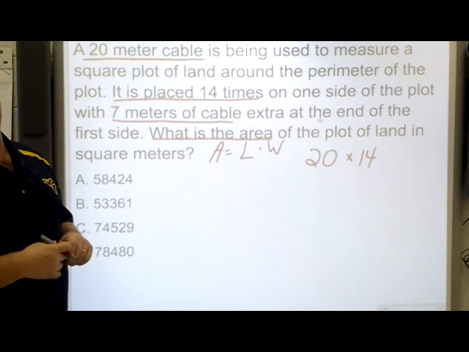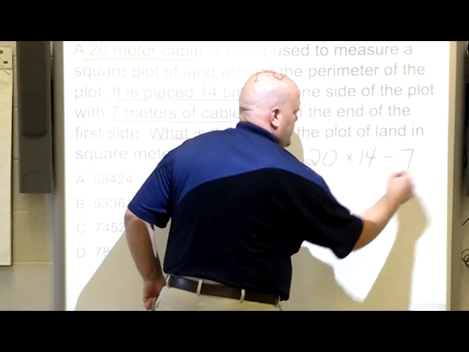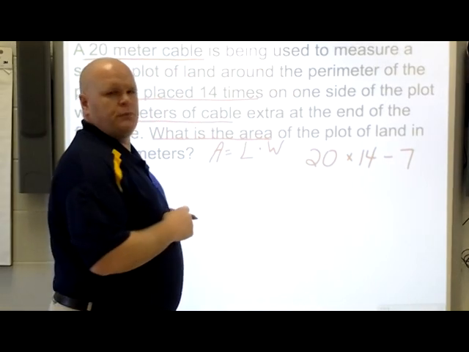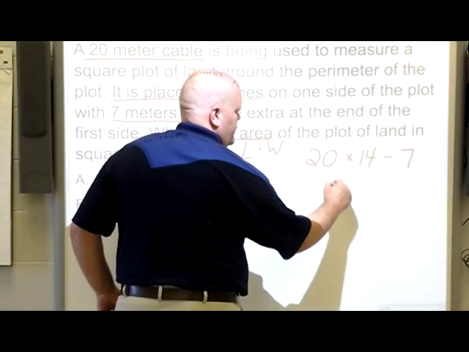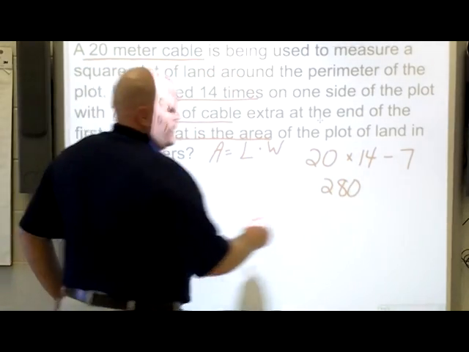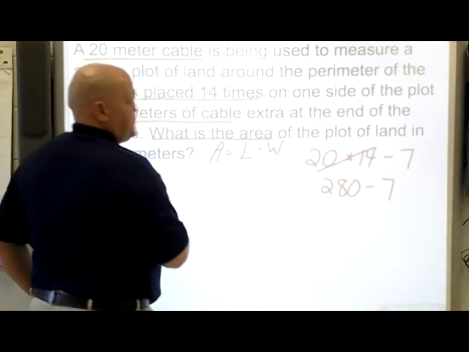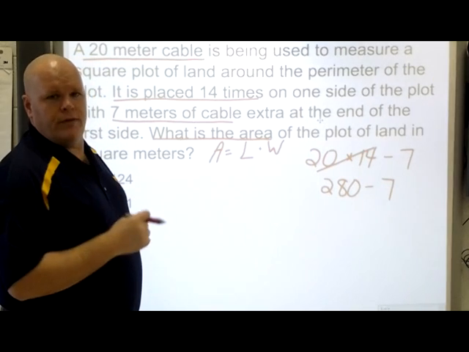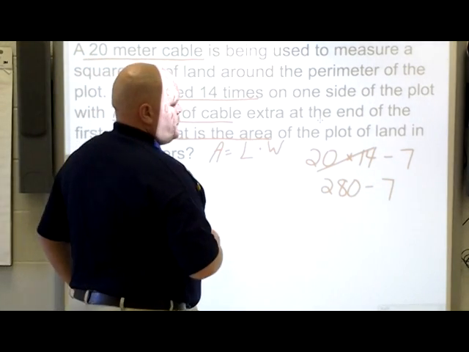I'm going to have 7 meters left over, so I'm going to subtract. Once I find this product, I'm going to subtract that. 20 times 14 is, if I needed a calculator, I would find it's 280. I'm then going to subtract that 7. So look, order of operations, PEMDAS: parentheses, exponents, multiplication, division, addition, subtraction. I've completed my multiplication.